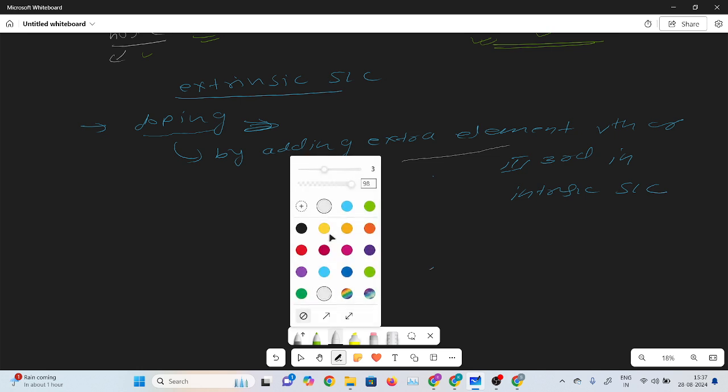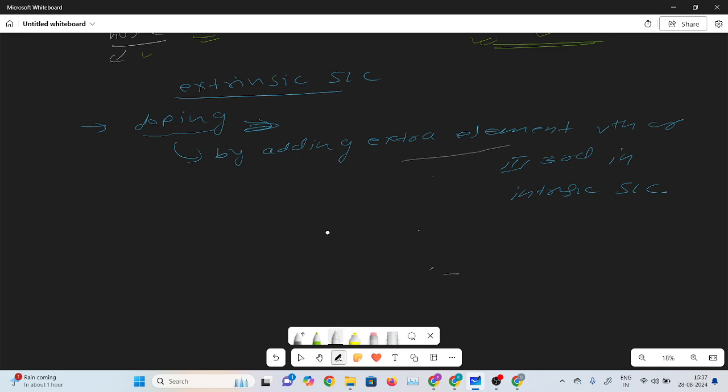So see, the extrinsic semiconductor is of two types. One is the n-type semiconductor and another is the p-type semiconductor.